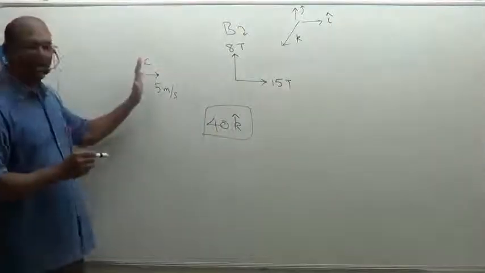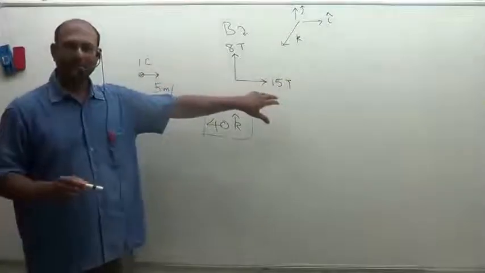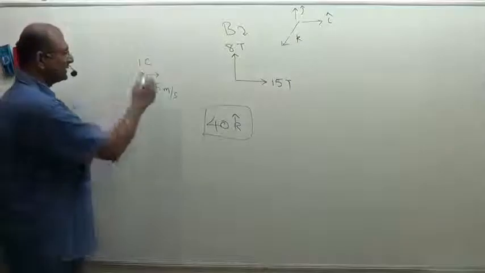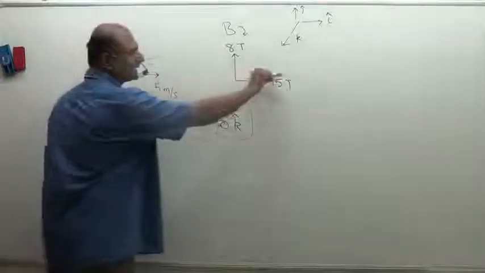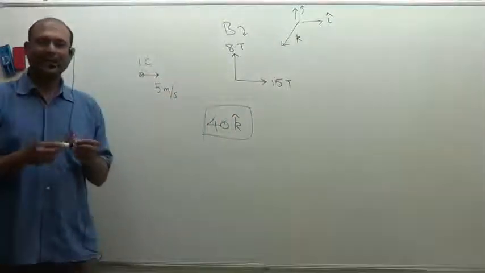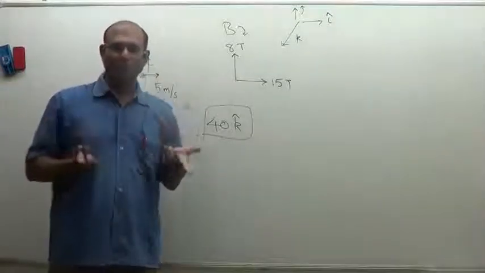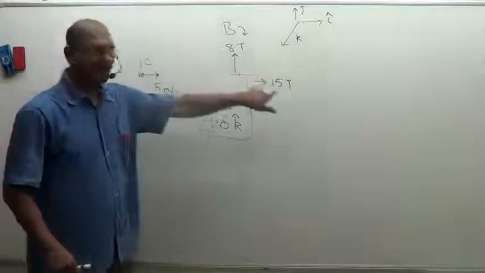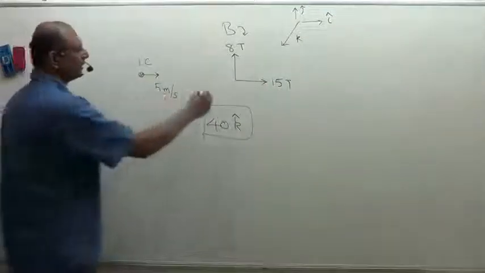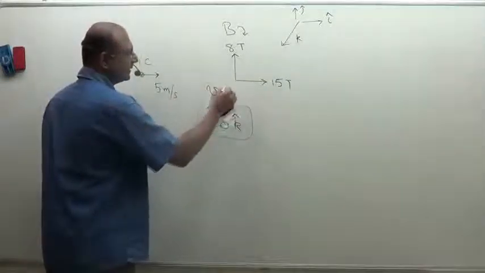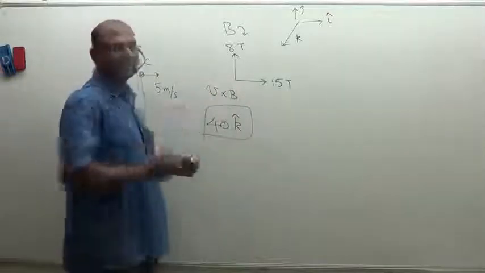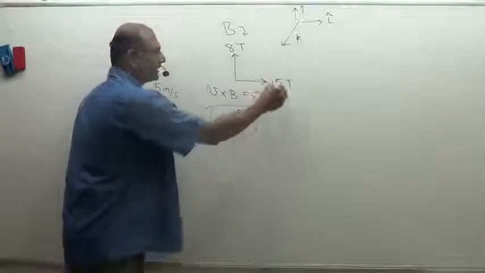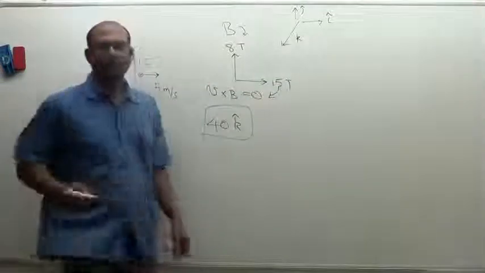Actually, V cross B has two elements. One element, this one, is basically pointing in the same direction as V. What is I cross I? I cross I is 0, because it's the same direction, right? So when I do V cross B, if V and B are in the same direction, this is going to be 0 for this magnetic field.